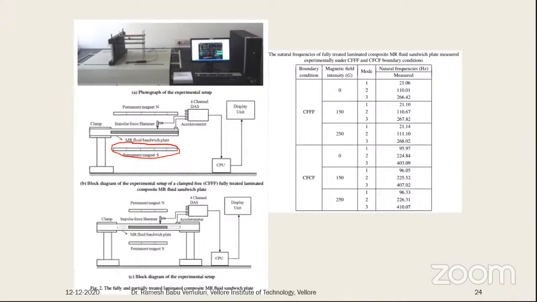It will show how the fast Fourier transform signals are generated. Here we can observe the natural frequencies as well as the damping ratios.